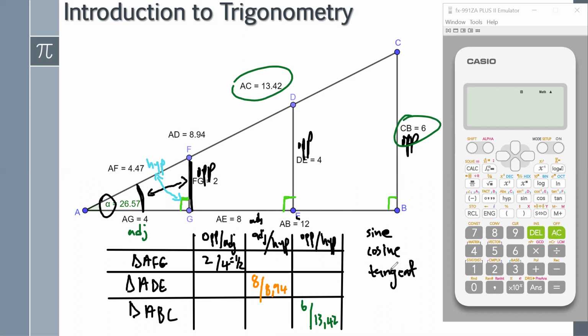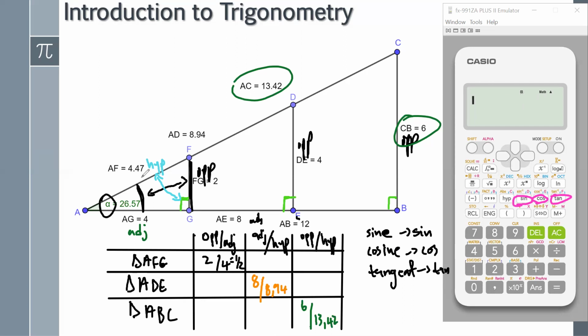As I said, these are not the only ratios. There are others, but for introductory purposes, we will use these. The shorthand for this is sin, for this is cos, and for this is tan. As you can see, they all appear on your calculator: there's sin, there's cos, there's tan. Those buttons are going to be quite important as far as trigonometry is concerned.